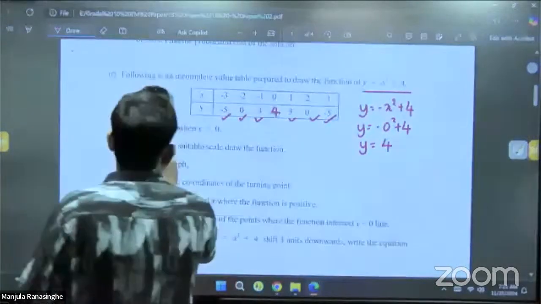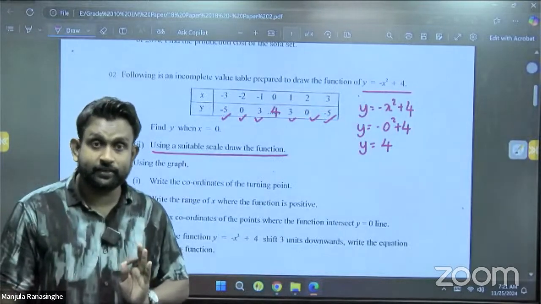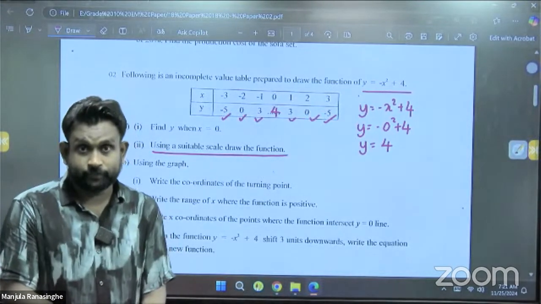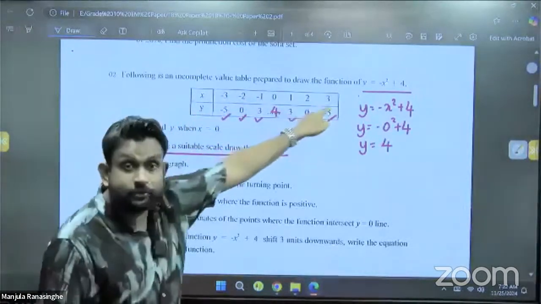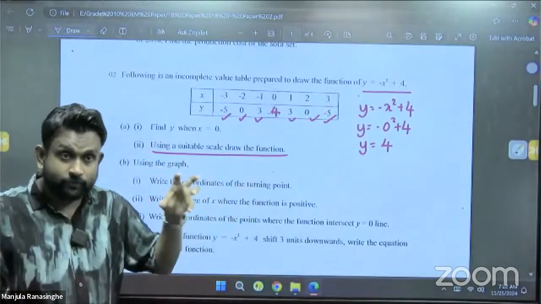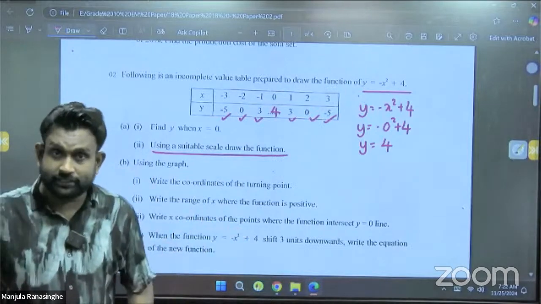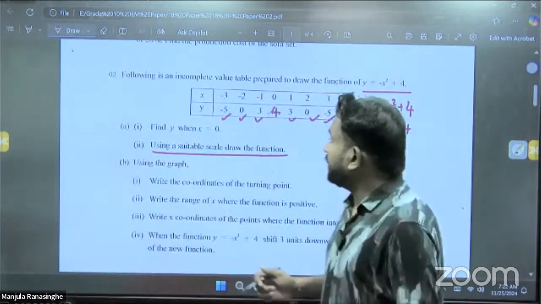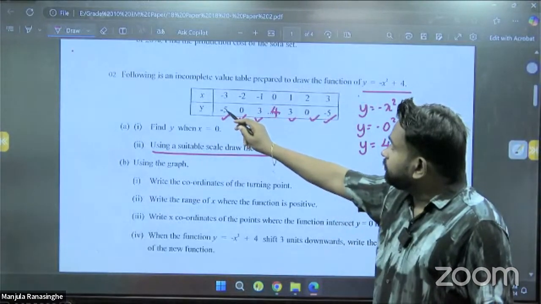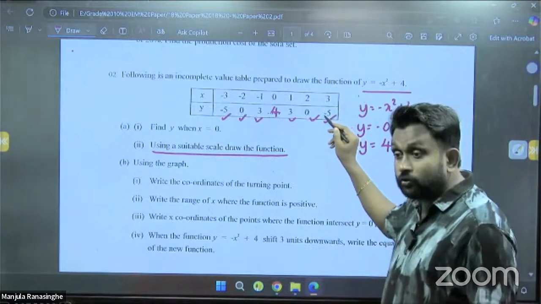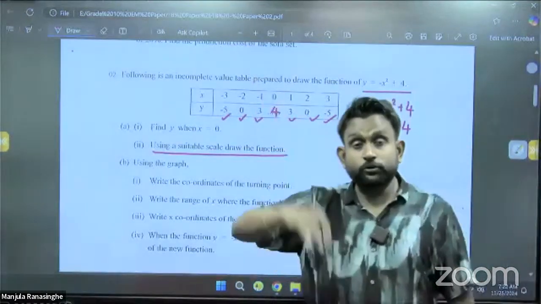Using a suitable scale to draw the function. What scale do you choose? Looking at the x coordinates, they run from -3 to +3, so you can use 10 squares as 1 unit, since you have 9 units along the x-axis. For the y-axis, the values run from -5 at the lowest to +4 at the maximum, so downward 5, upward 4, altogether 9 units.